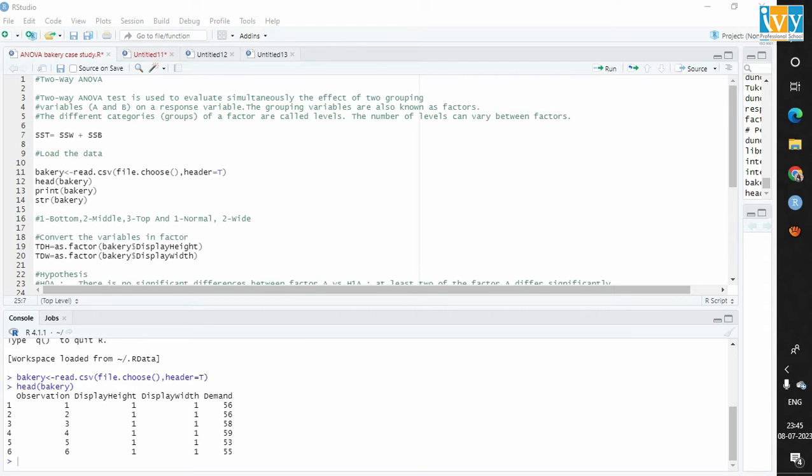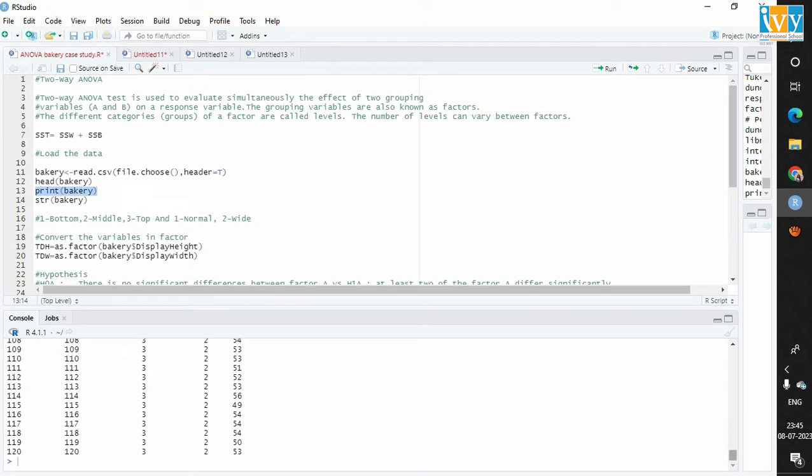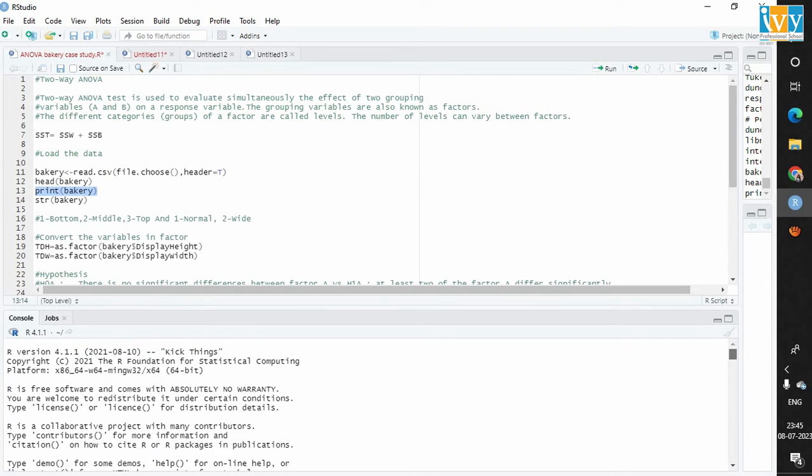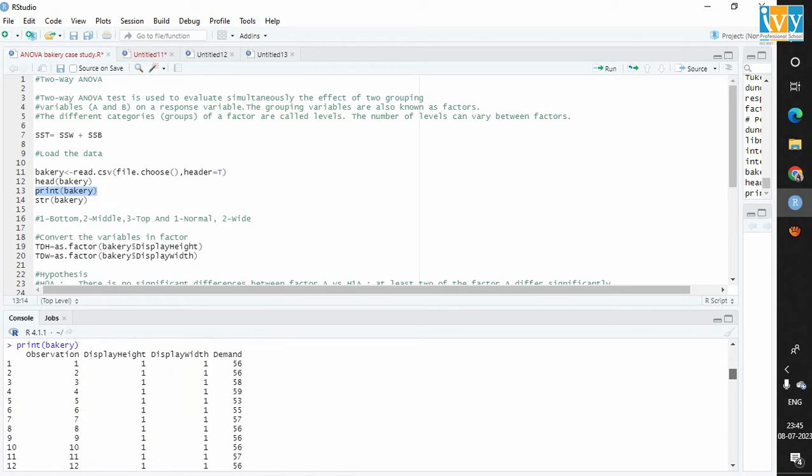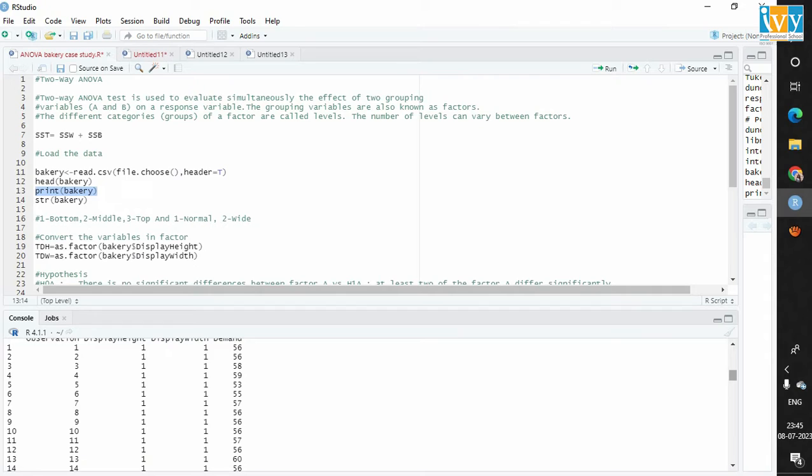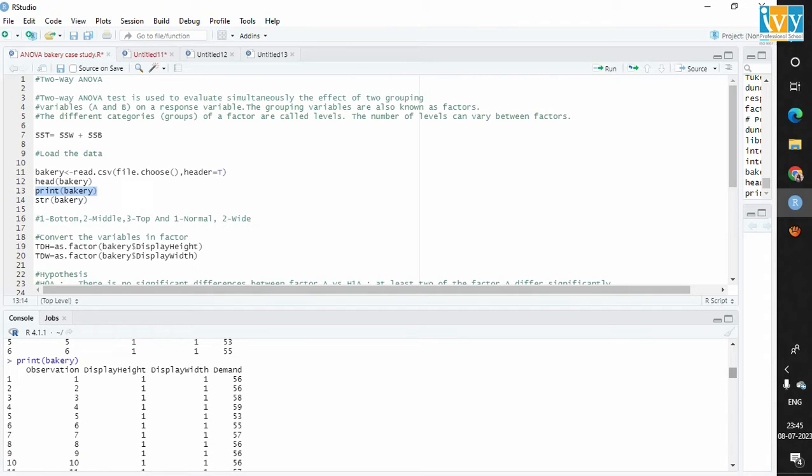So I have already loaded the data and let's see what the data looks like. We will print the data. So this is what the data looks like, with observation, display height, display width and demand.